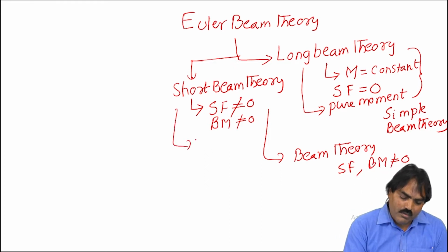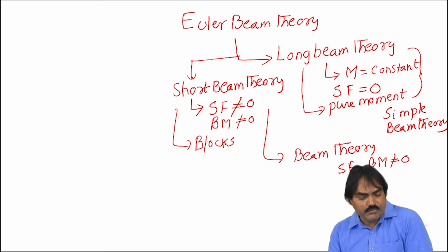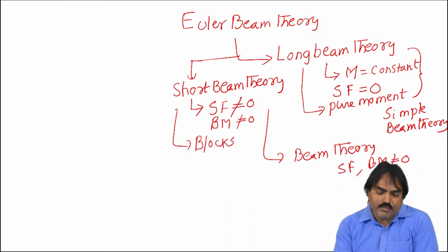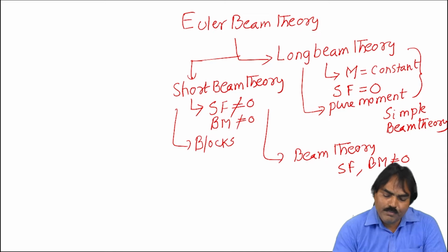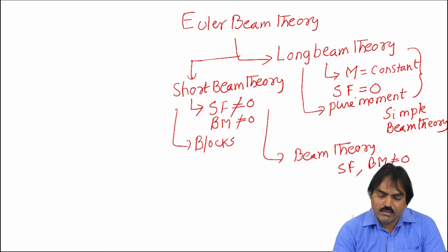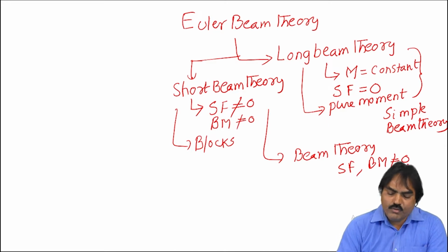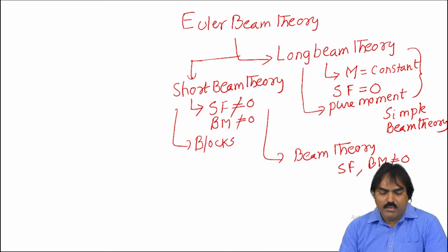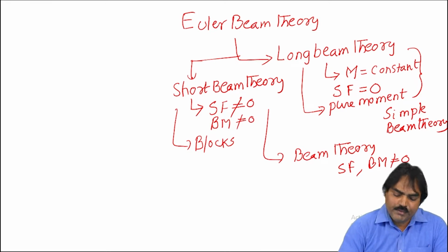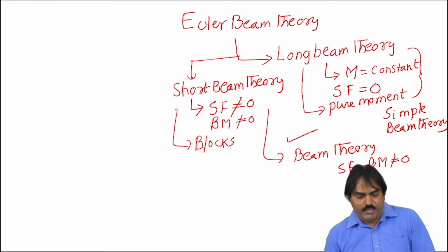Examples are here: short blocks, or simply blocks, where the shear force will be more dominant and the bending moment will be neglected. In the long beam theory, bending moment is constant and shear force is 0. In the beam theory, the shear force and the bending moment both are not equal to 0. Both will be present. Now, our topic will be confined to the beam theory given by Euler.